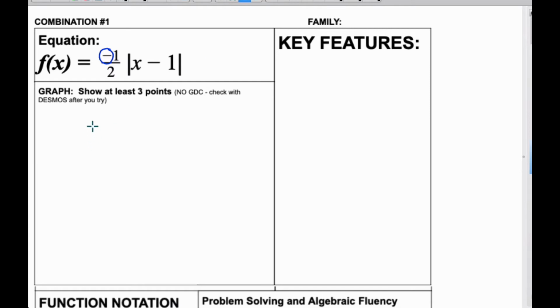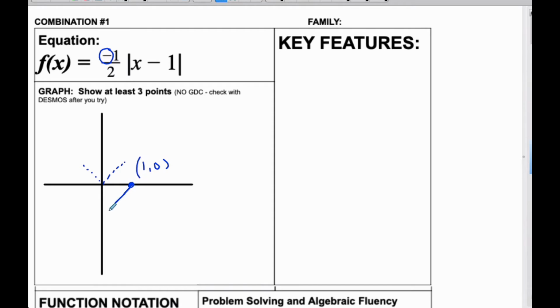Okay, and now I also want to sketch this. I'm going to make myself a graph. I know it's going downwards. My base function was here, and I knew it goes to the right by 1, so it's going to be here at 1, 0. Originally it goes downwards because of the negative: over 1, down 1.